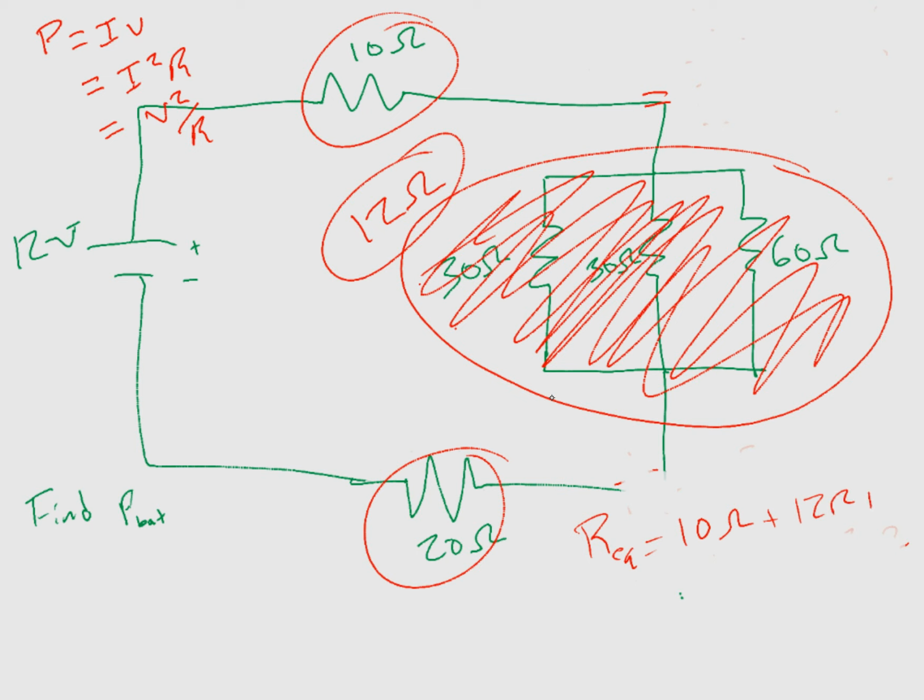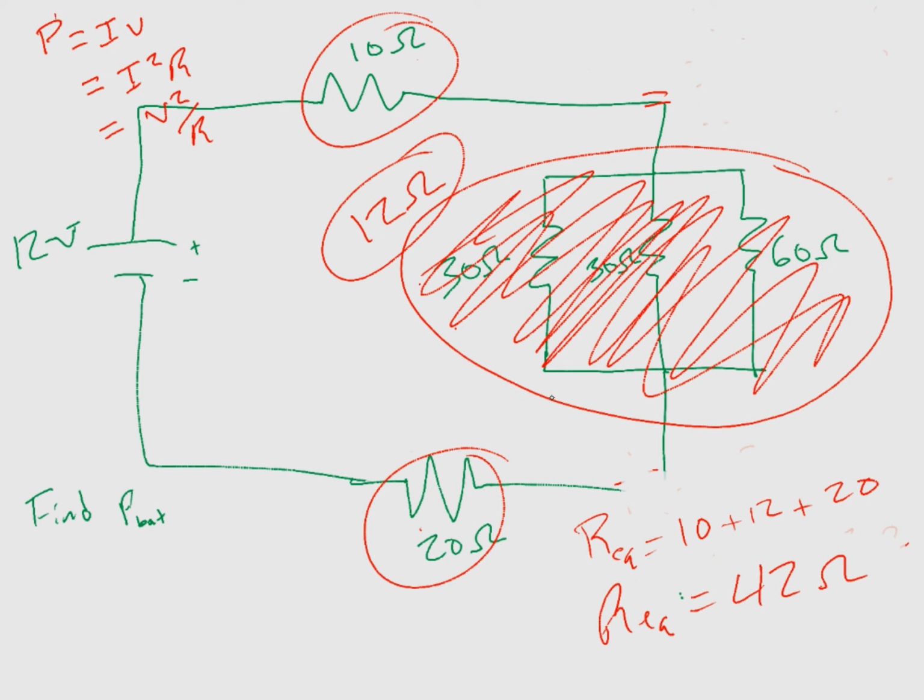Let me do this without the units. 10 plus 12 plus 20. Okay, 10 ohm resistor, 12 ohm resistor, 20 ohm resistor. And we find that the total resistance of the circuit is 42 ohms.